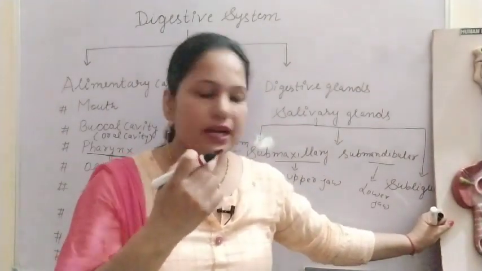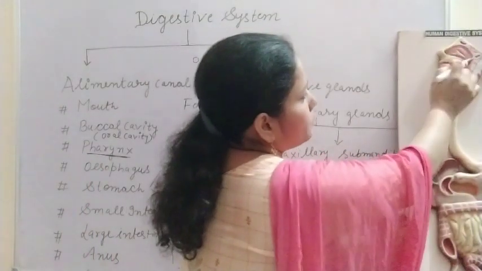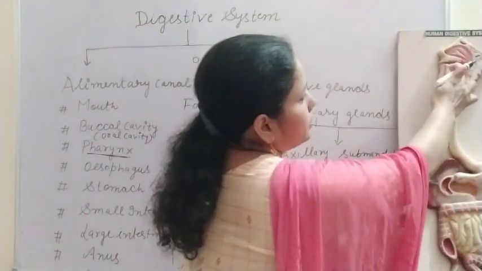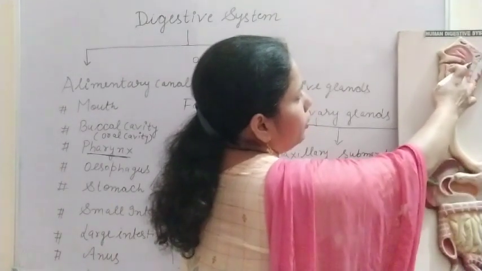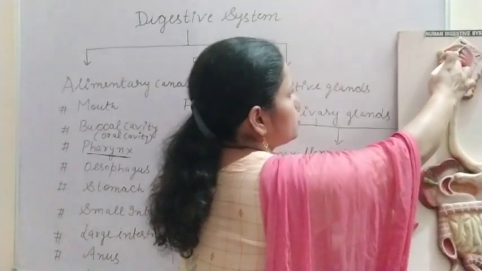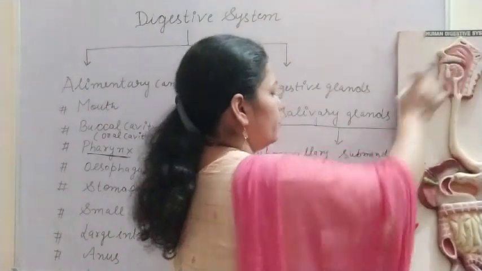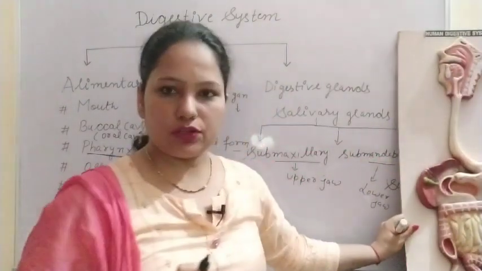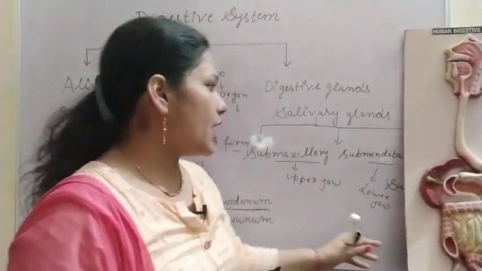So sublingual glands are present below the tongue. Here you can see, suppose if it is the mouth, तो यहाँ पे ये पार्ट जो होगा यहाँ पे sublingual gland होंगी. ओके, सो यहाँ पे हमारी जो है submaxillary gland होगी, and also in the lower jaw submandibular gland. Okay. So these are the salivary glands.